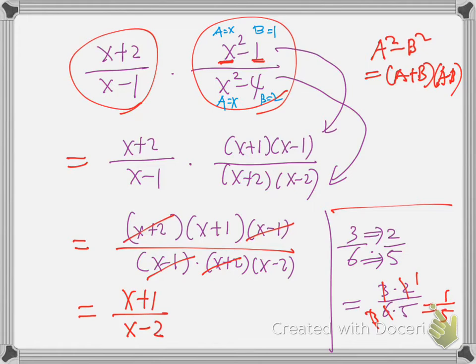When you practice online, they may also ask what number is not in the domain, or that x cannot be one number, so that number has to be excluded. Let's talk about that a little bit.